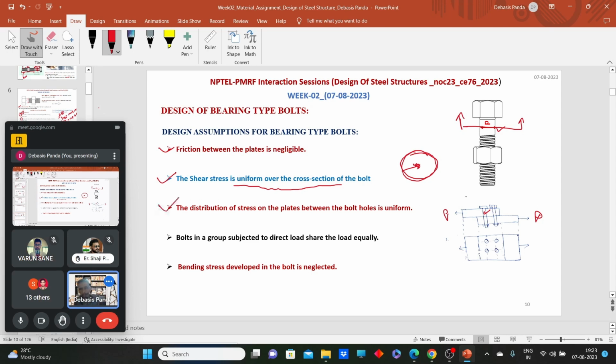Now the third assumption is that the distribution of stress on the plate between the bolt holes is uniform. Say, for example, let's consider this joint. So here I have bolt holes here and here, again here and here, maybe bolt holes here also if this joint is a long joint.